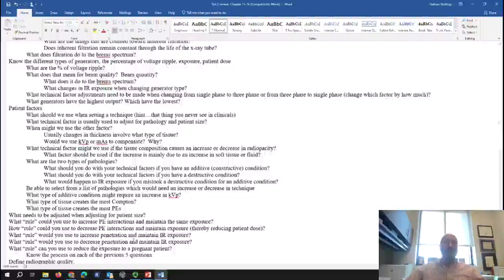How you reduce patient exposure to a pregnant patient would be to use the 15% rule, increase your KVP by 15%, and cut your mass in half. And we talked about that in class the other day. You might run into that eventually if you work a heavy ER load and you have a trauma patient who's pregnant.